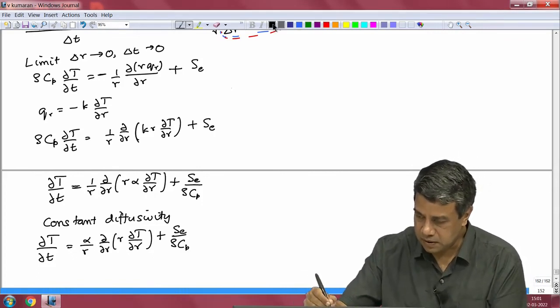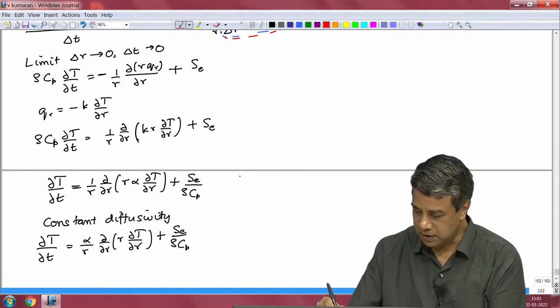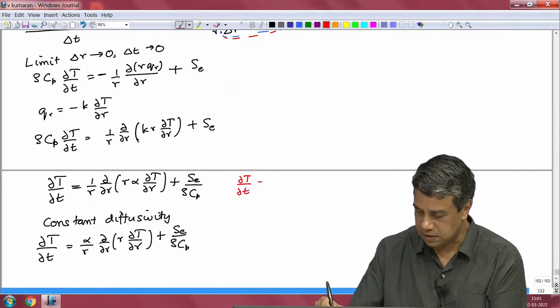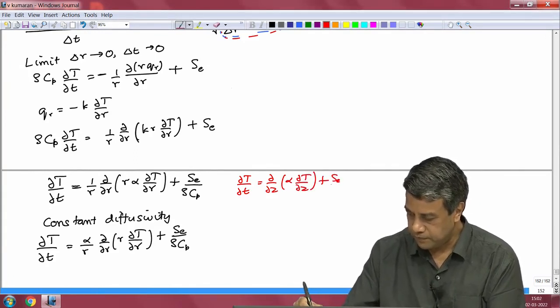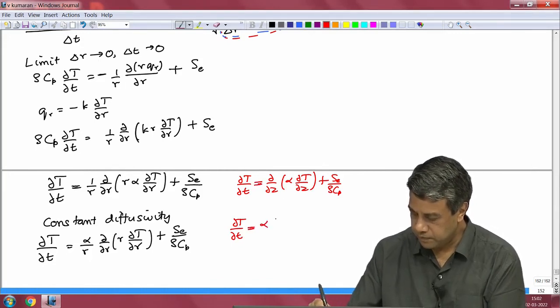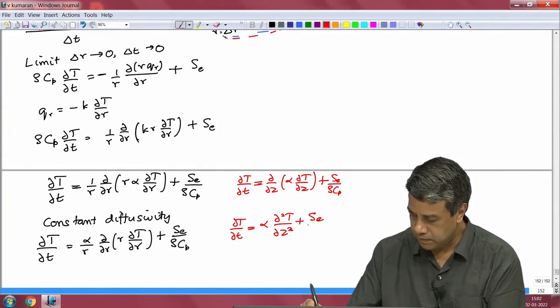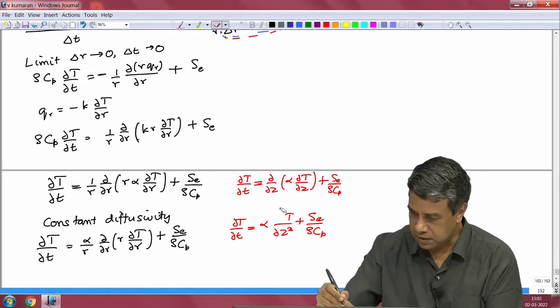Recall what we had got in a Cartesian coordinate system. The equivalent equation was partial T by partial t is equal to alpha times the second derivative. This was what we had got in a Cartesian coordinate system.